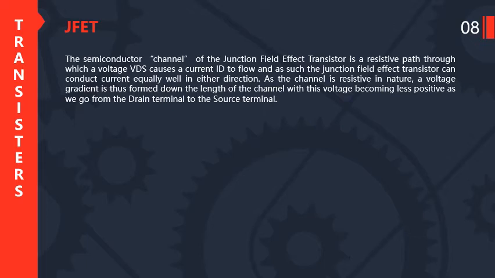As such, the junction field effect transistor can conduct current equally well in either direction. As the channel is resistive in nature, a voltage gradient is thus formed down the length of the channel, with this voltage becoming less positive as we go from the drain terminal to the source terminal.